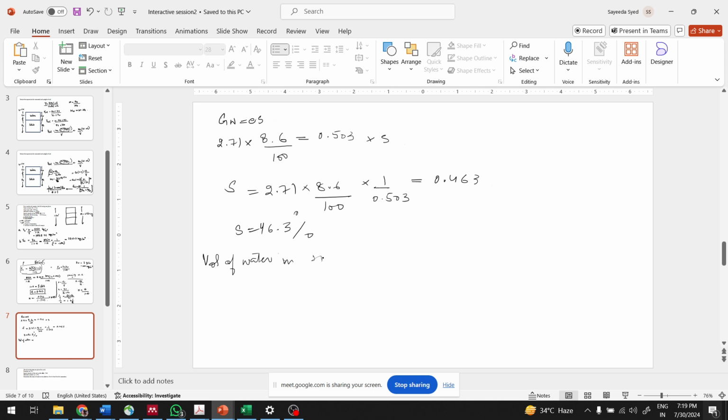In soil sample, we know W equals weight of water over weight of solids, and GS equals weight of solids over volume of solids, over gamma W. And how do we convert this volume of solids here?